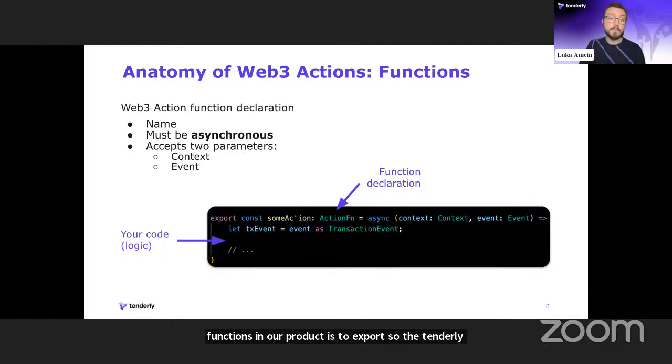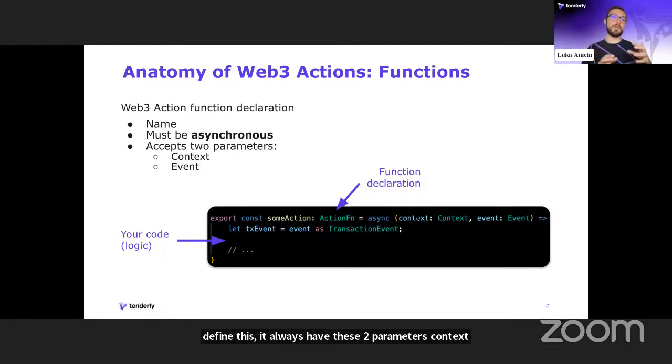It will have some name. So basically that's for you, so the naming convention applies as in any other project. It is an action function as a type, and it's always an asynchronous function. For the parameters of this function, whenever you define this, it always has these two parameters, context and event.